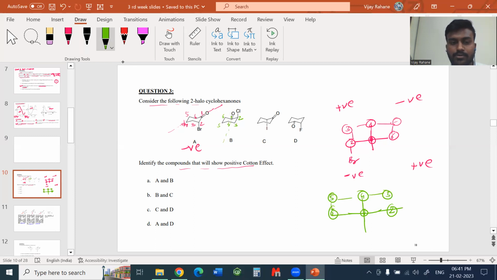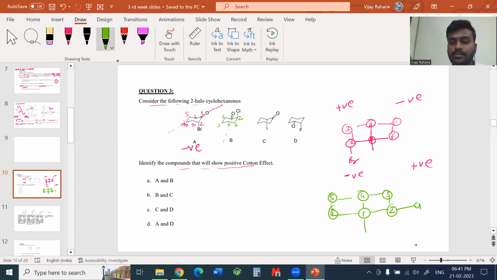Accordingly, we need to draw the remaining centers, right? And where will this chlorine belong? The chlorine is equatorial, so this equatorial position will be in a plane, right? This chlorine is here.